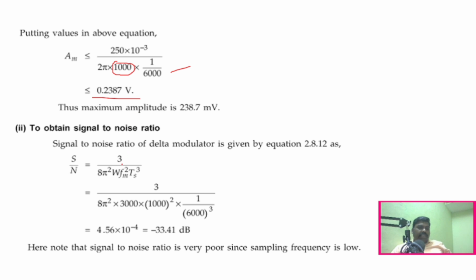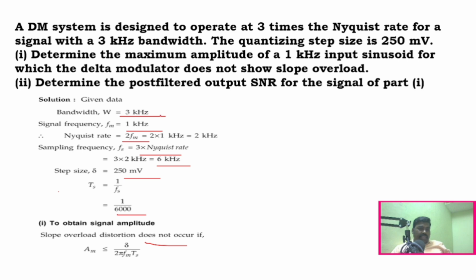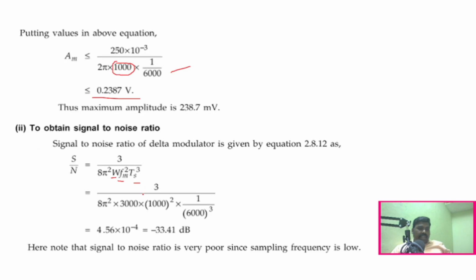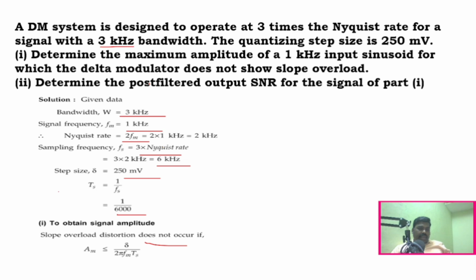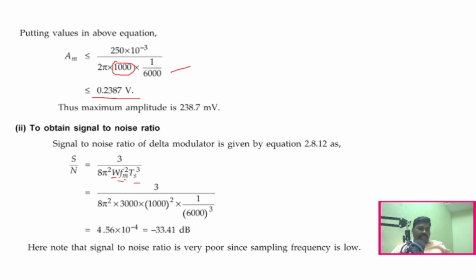For the signal to noise ratio, you know what W is, what fm is, and what Ts is. This is the formula for the signal to noise ratio. Everything is given: W is 3 kilohertz, fm is 1 kilohertz, and we have obtained the Ts value. If we substitute that, we will obtain the signal to noise ratio. This can be converted into dB by using 10 log of it.